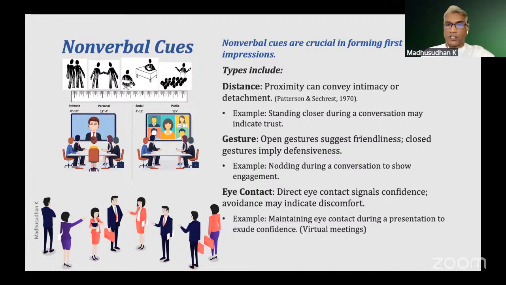Then gestures: how you stand, how your hands are put together, whether open or closed, your hand movements, your body posture. Gesture is something where, without doing anything, you are exhibiting to others what you are thinking, whether you are interested or not, whether you are just faking attention.